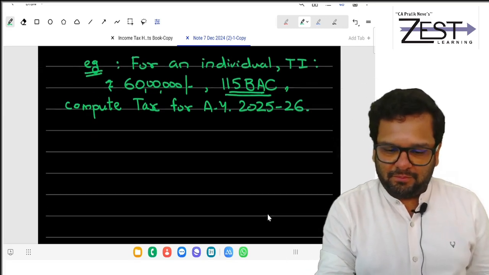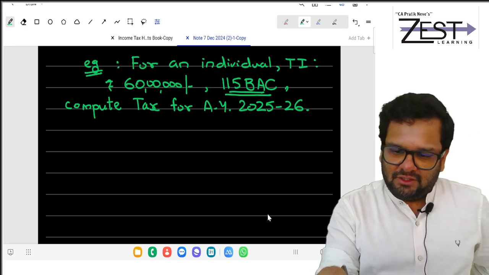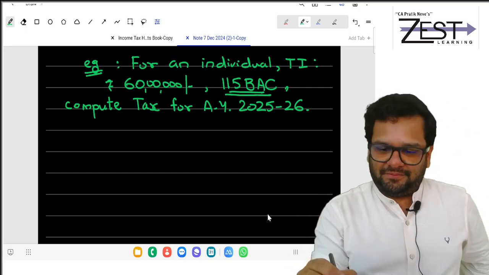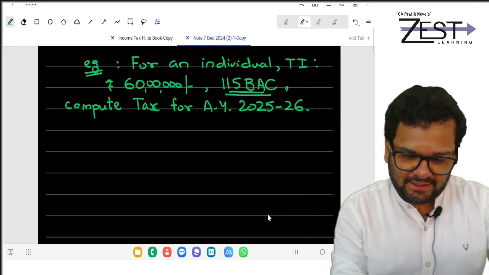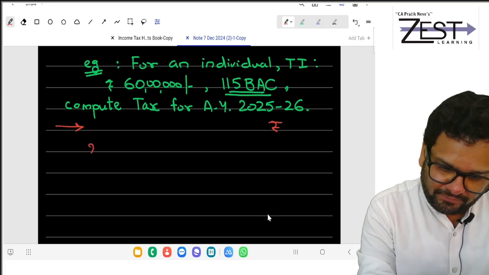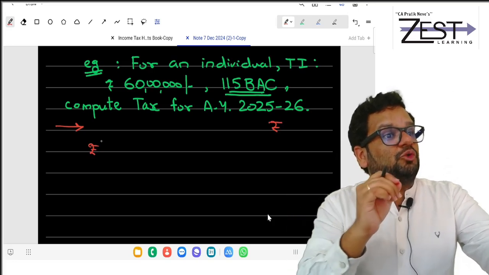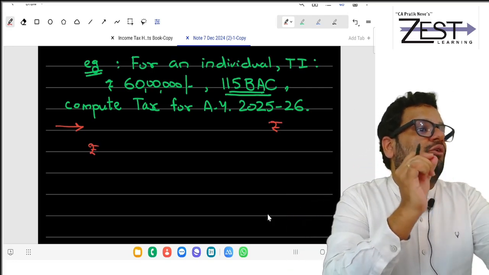Shall we compute on 60 lakhs? And you are in 115BAC, so no need to know the age. How will you do the calculation? Up to 15 lakhs, it is 1,40,000.